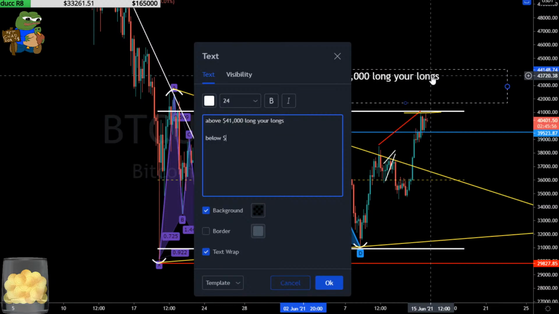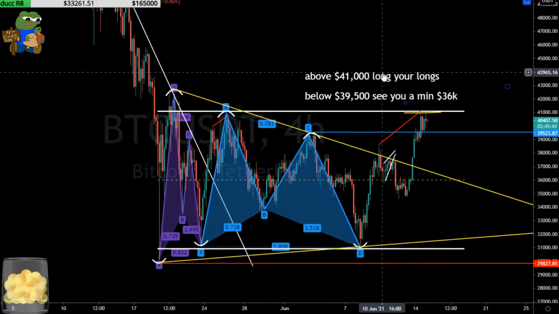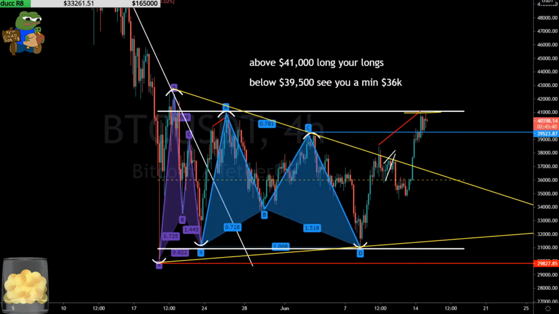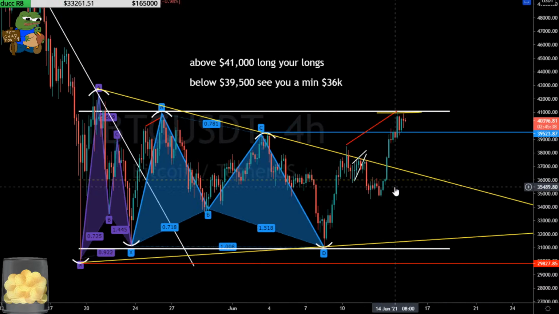Below 39.5, see you at minimum like 36K area, okay? So there's your plan on BTC over the next few hours, all right?